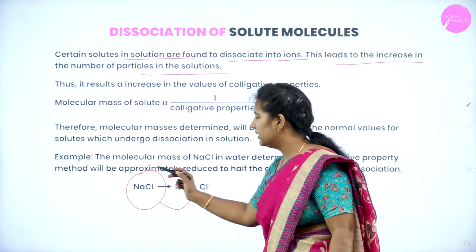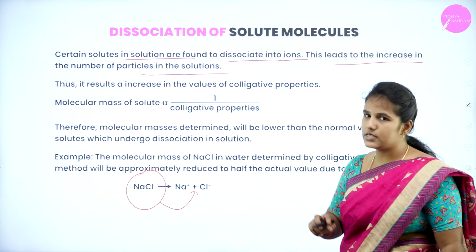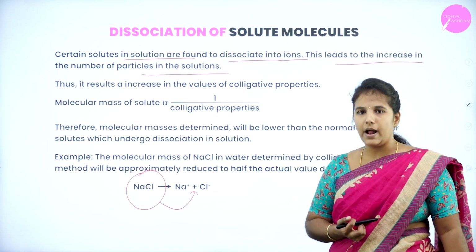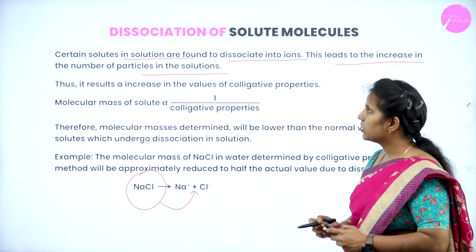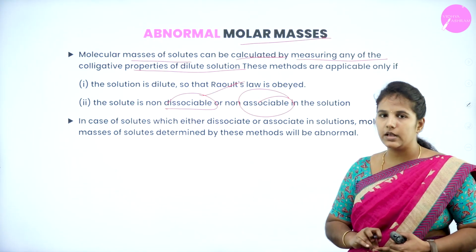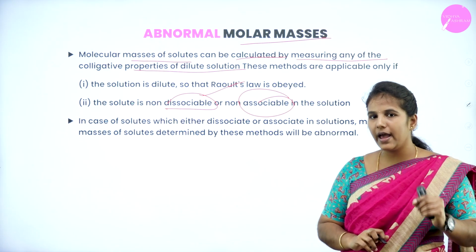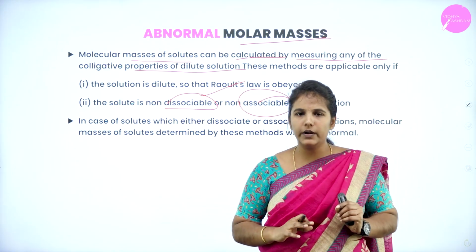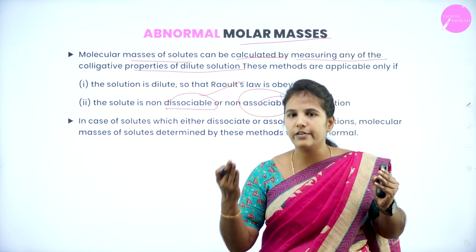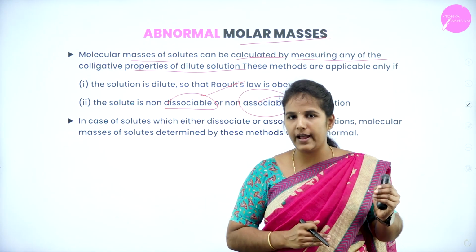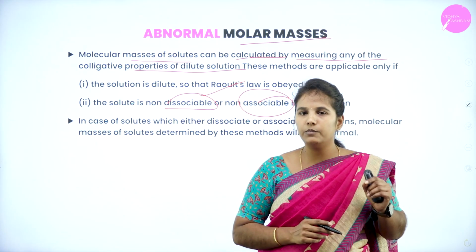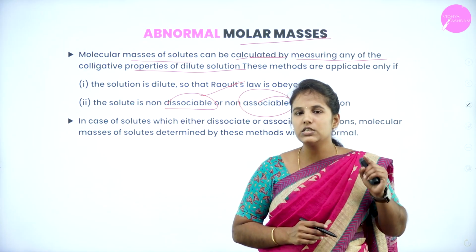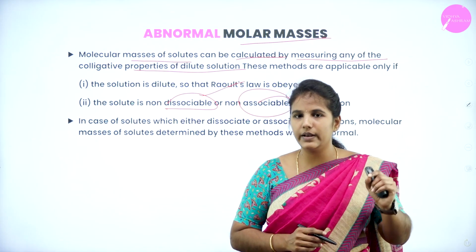So that is why this is an example for the dissociation of solute molecules or solute particles. So, understood what abnormal molar masses means? Remember, the molar mass we calculate using a colligative property will always be lower or higher than the normal value. So why is this abnormality found? Only because association or dissociation of the molecules takes place.